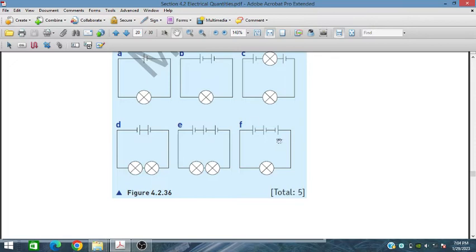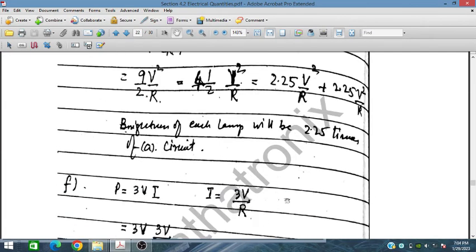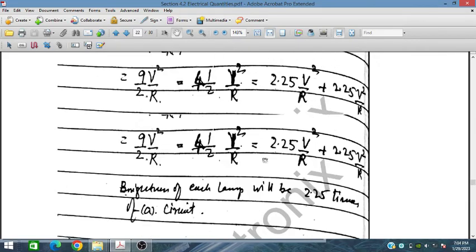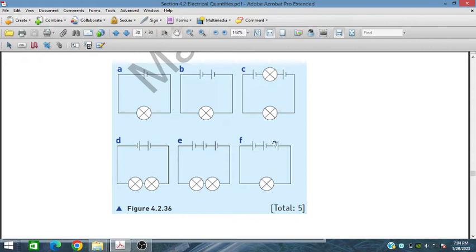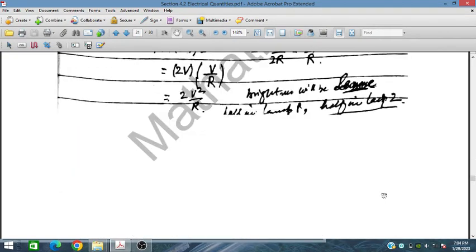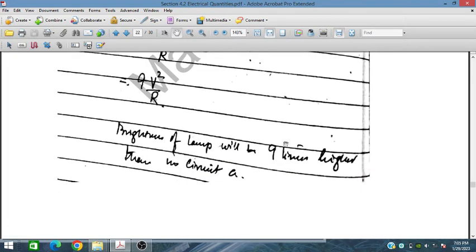If all are positive in series, but this is not, because they are cancelling each other, this will not be the answer. F part is not correct. If we interchange this positive terminal here and negative here, then the answer will be 9 times higher.